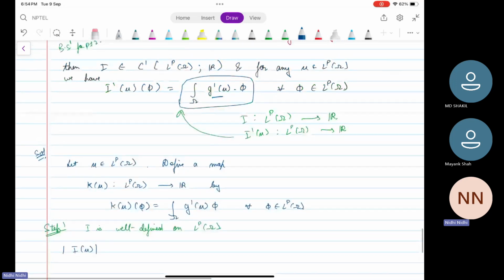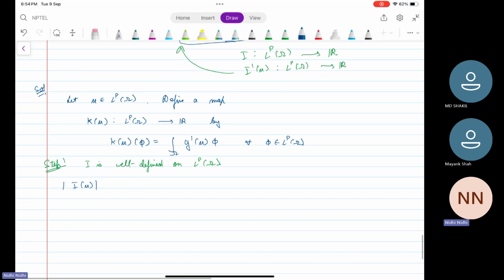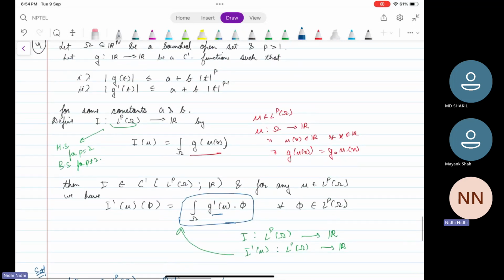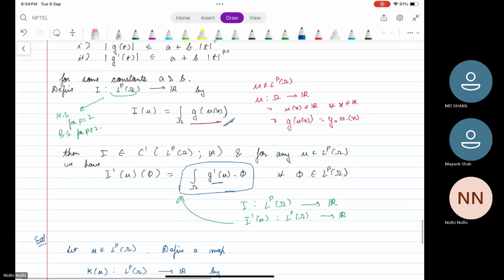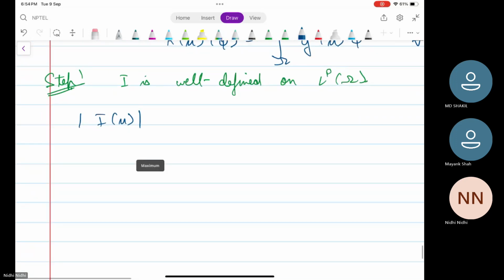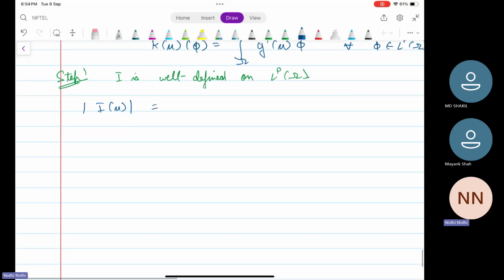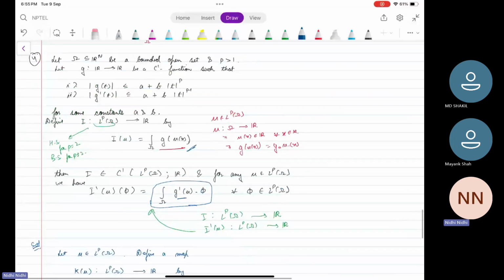Basically we want to see whether this integral is finite or not. I(u) is equal to the integral over Ω of g(u(x)) dx. Now we know that we can take this modulus inside, g(u(x)) dx. And we are given the growth condition on g.